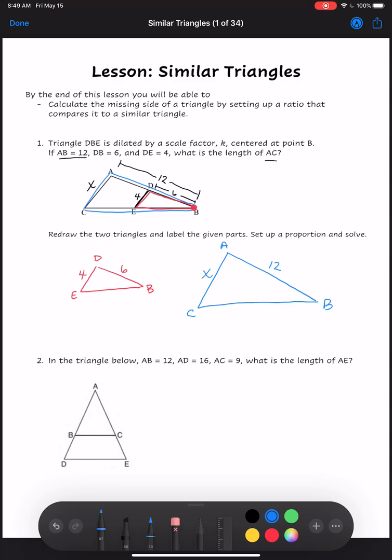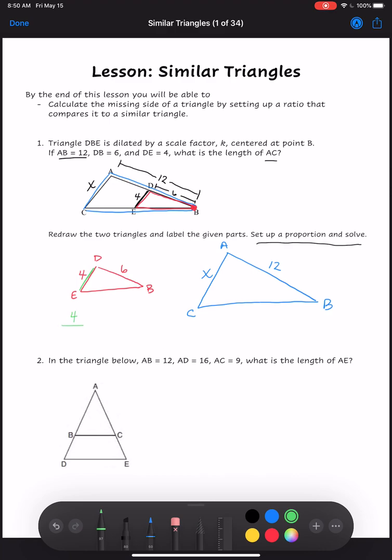Okay. So the next thing that we're going to do is set up a proportion and solve. When we set up proportions, we want to make sure that our corresponding sides are set up together the same with our triangles. We don't want to start jumping around from side to side, making no sense. So if we look at this side, DE is 4. Let's start with 4.